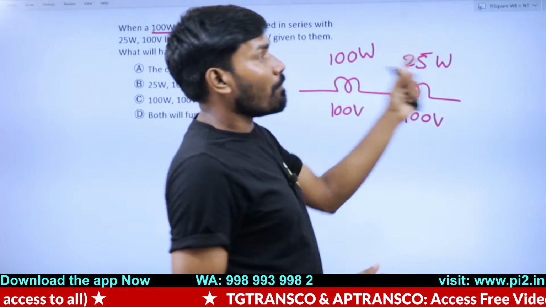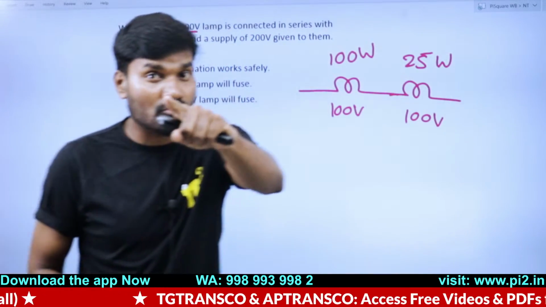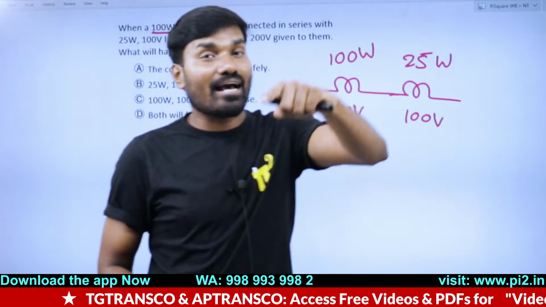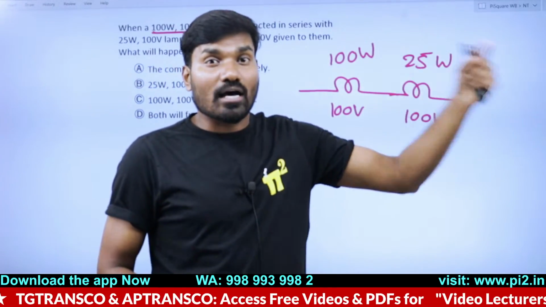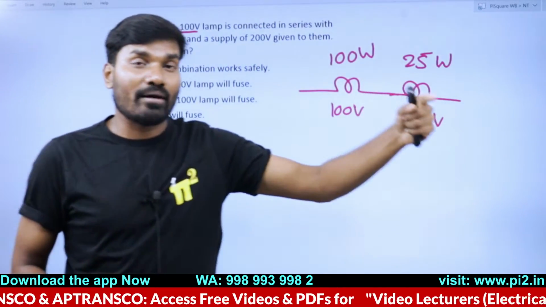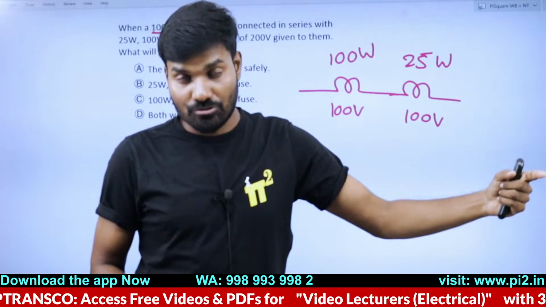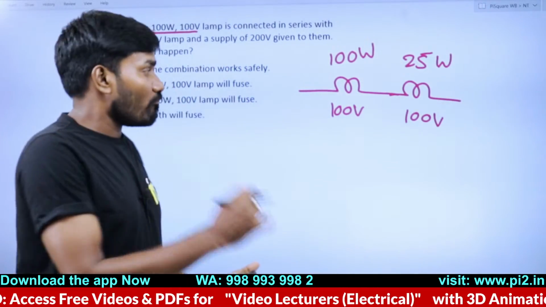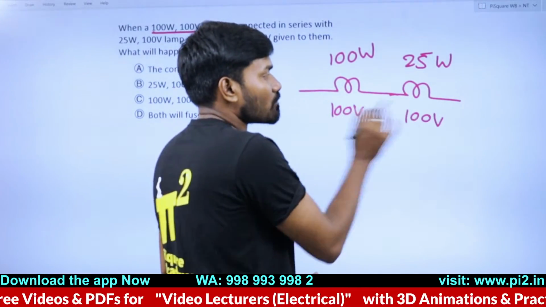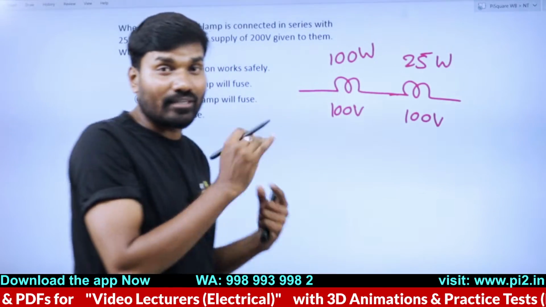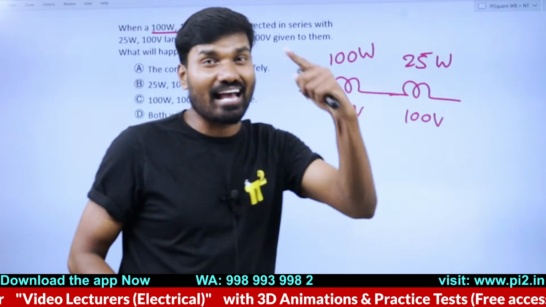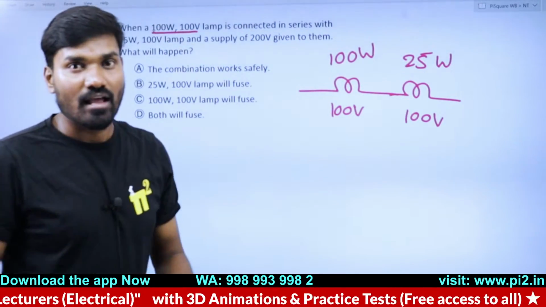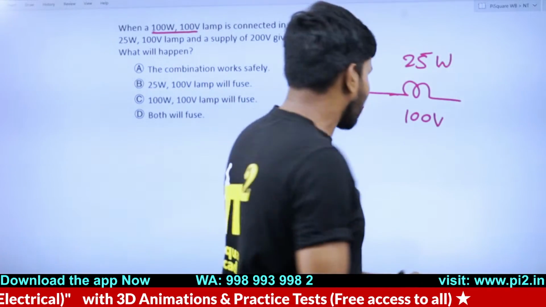Don't get confused. When you think about series and parallel, power is proportional to R, power is inversely proportional to 1 by R. You may get confused. But for the same voltage, both are having the same voltage, now tell me which bulb will have high resistance? I want you to be quick on this.